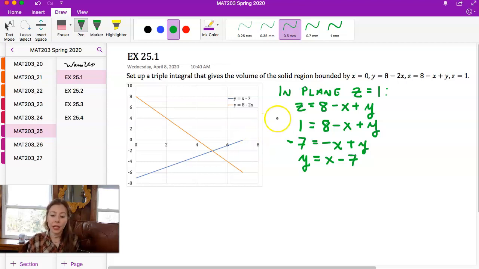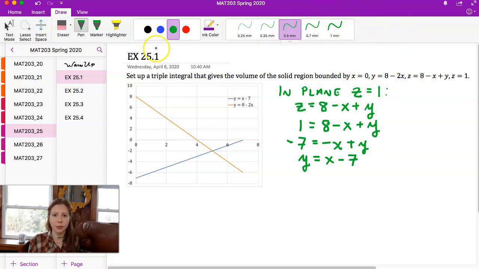The plane of z equals 8 minus x plus y is going to be highest above the base, directly above the point (0, 8). If we plug in (0, 8), we're going to get 8 minus 0 plus 8, so that's going to give us a high point there. That would be if x equals 0 and y equals 8.